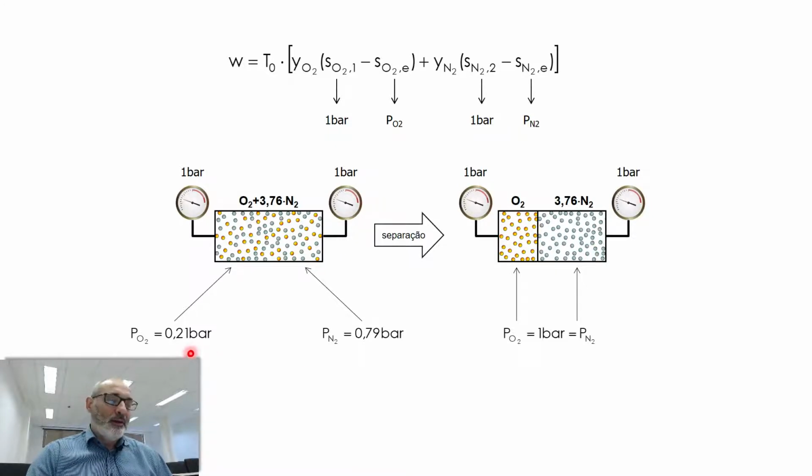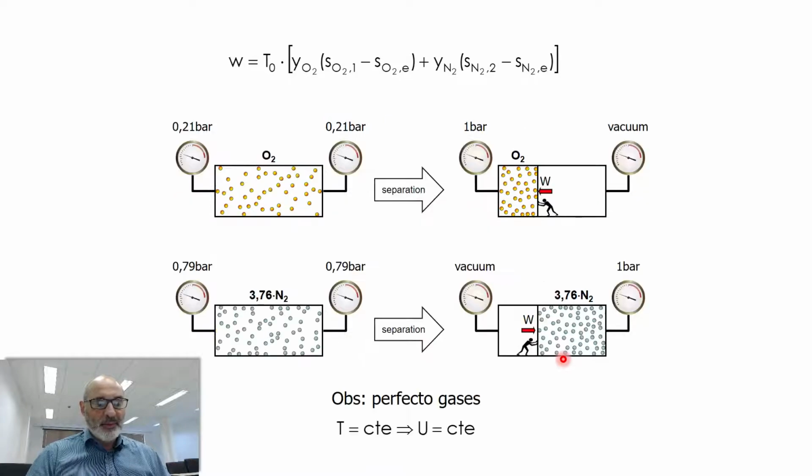So actually, oxygen molecules are being compressed from 0.21 to 1 bar, and the same, nitrogen is being compressed from 0.79 to 1 bar. That's the calculation that we have to do. And it's an isothermal compression process because we said that temperature is going to remain constant.